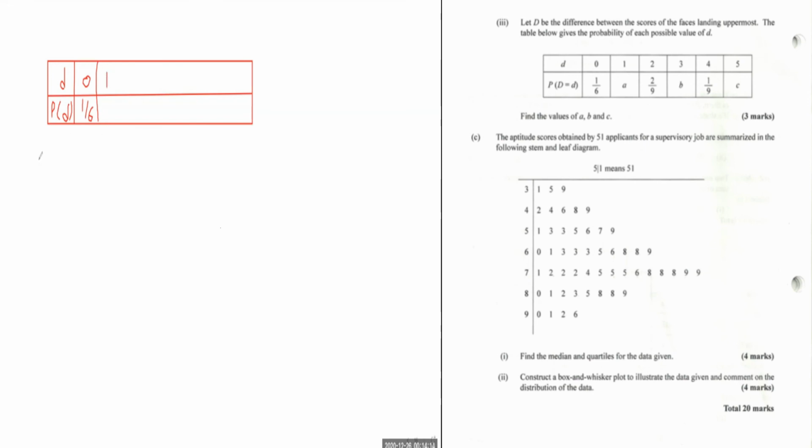The next one now is for the difference to be 1. For the difference to be 1, that means you can show 1 and 2, let me write it better. Let me show you what you can throw. The possibilities are you can throw 1 and 2, or 2 and 1, or 3 and 2, or 2 and 3.